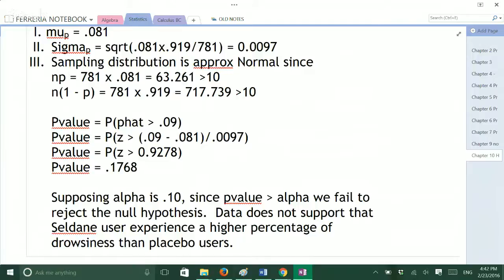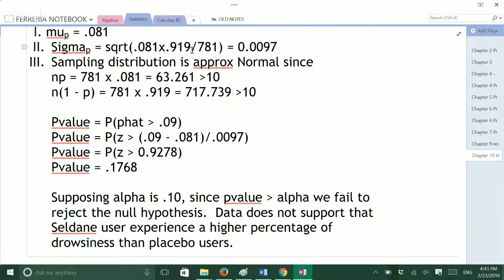Did we use the population size of the Seldane? No, we use the sample size for the Seldane, because our sample is a sample of patients who use Seldane. Doesn't that apply to the placebo?